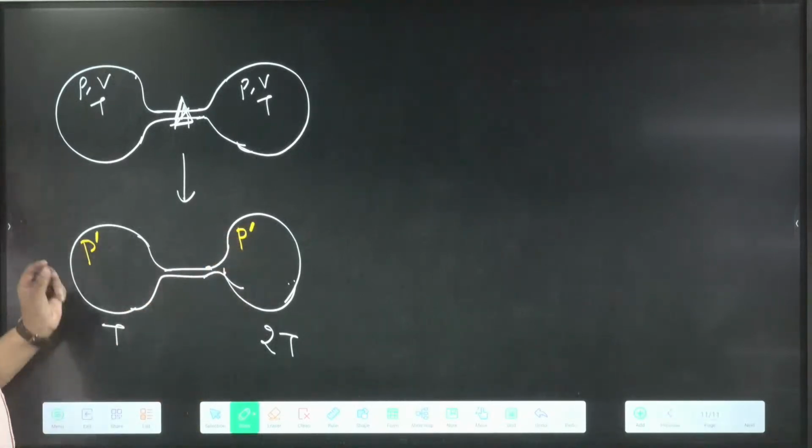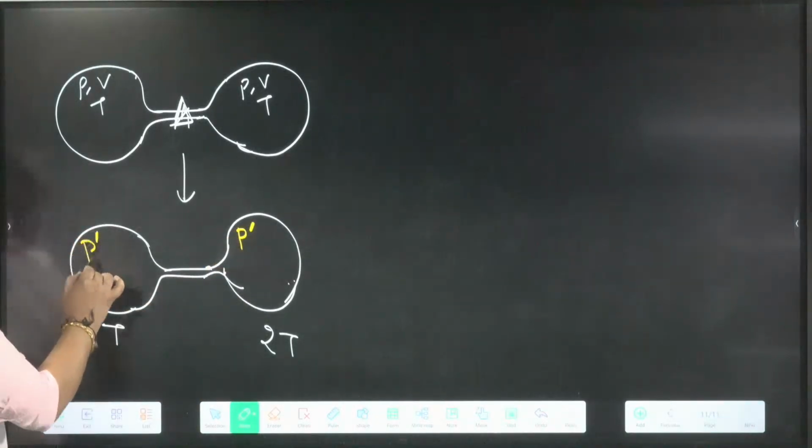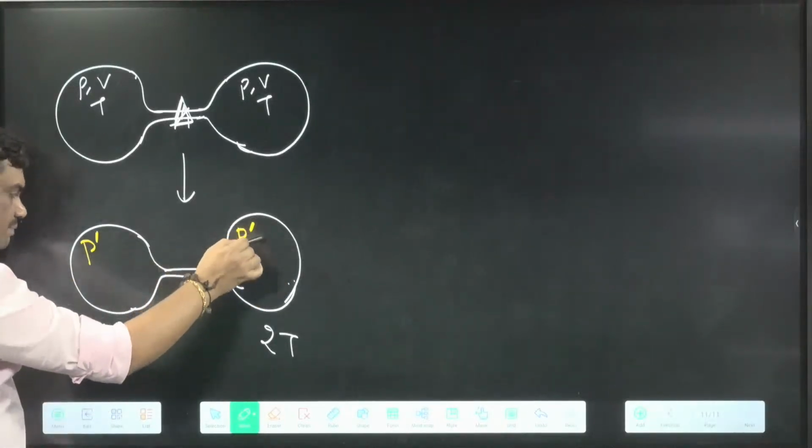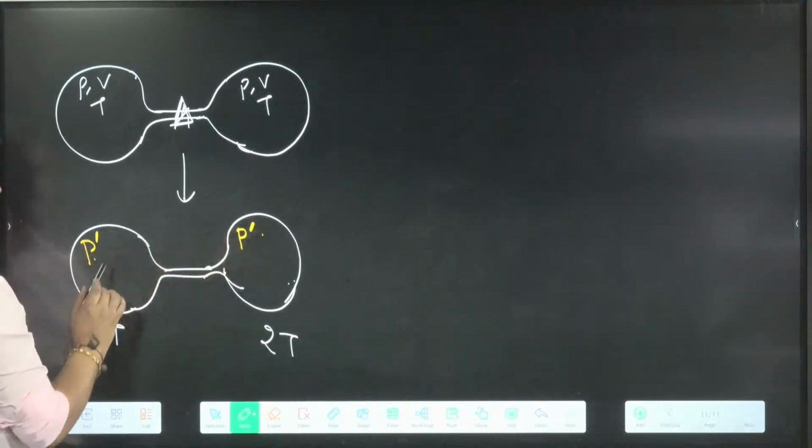So we can say if the final pressure is P dash, then at any point in this combined container, P dash will be there. Here also P dash, here also P dash.